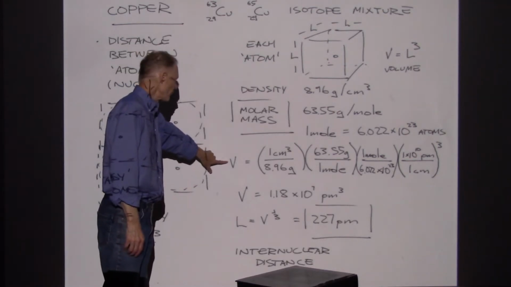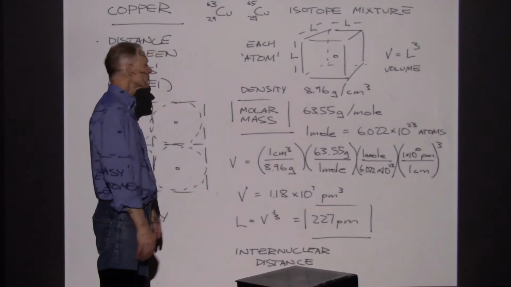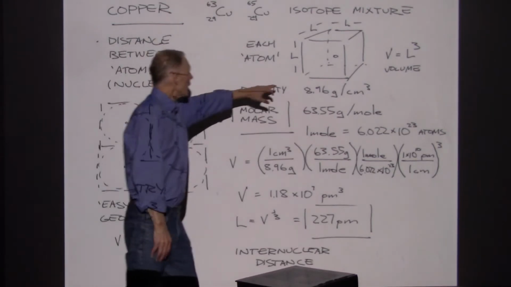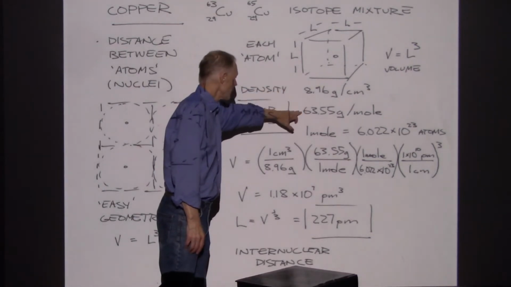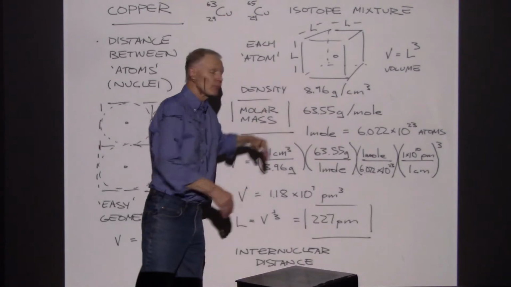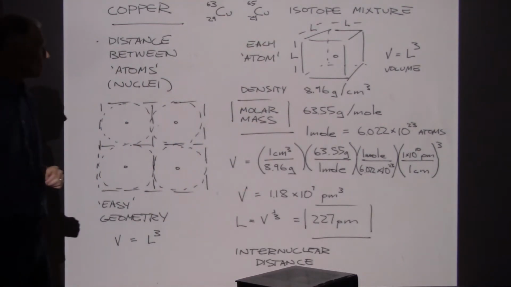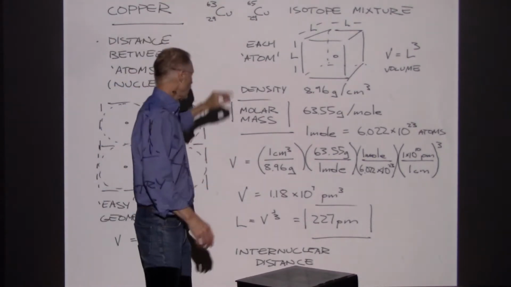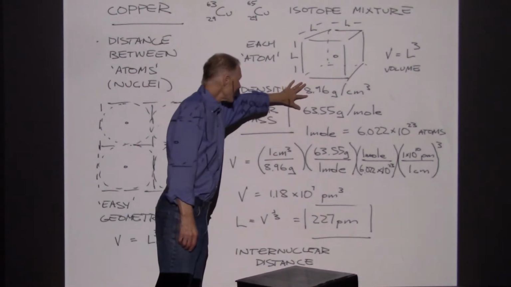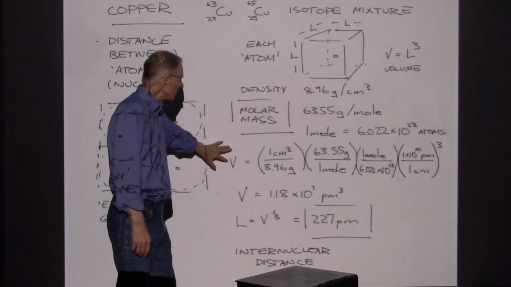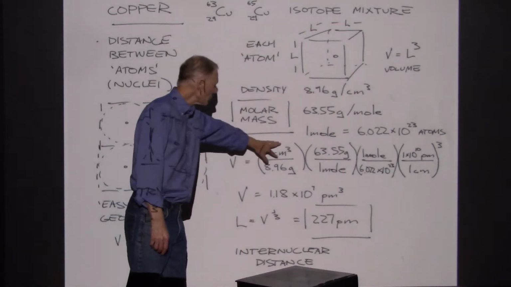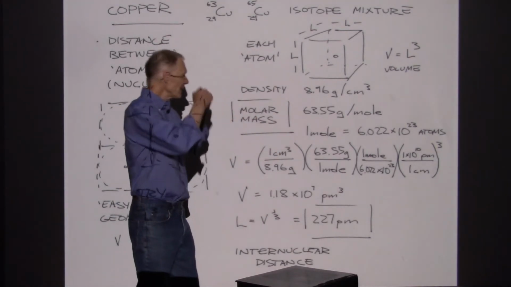Now, I can figure the volume by doing this. I can start piecing together the density information and the molar mass. This came off the periodic table, so I just look at a periodic table to find out what the molar mass will be, and that will be averaged over the isotopes. So I took the density number. Now, I wanted the volume, so I put the centimeters cubed in the numerator.